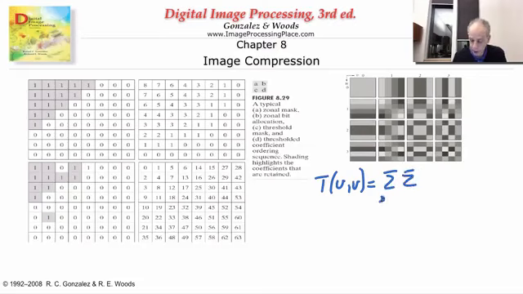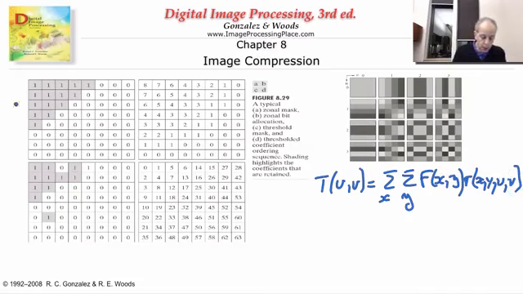We sum over x, we sum over y, we sum over the coordinates of the image, and we're basically summing the image, which is the image, with the cosine basis. That's how we got to these coefficients that we represent here. We start from an 8x8 and we get 8x8 coefficients. So we have kind of an image in a different domain, in the cosine domain.